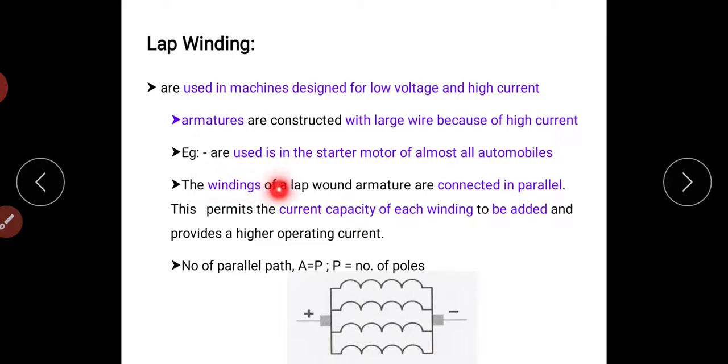The windings of a lap wound armature are connected in parallel, which increases the current capacity, but the voltage value remains constant. The number of parallel paths in a lap winding equals the number of poles. For example, if the number of poles is 4, then the number of parallel paths equals 4.